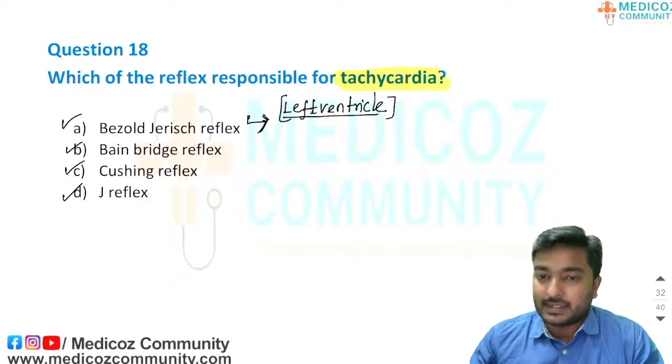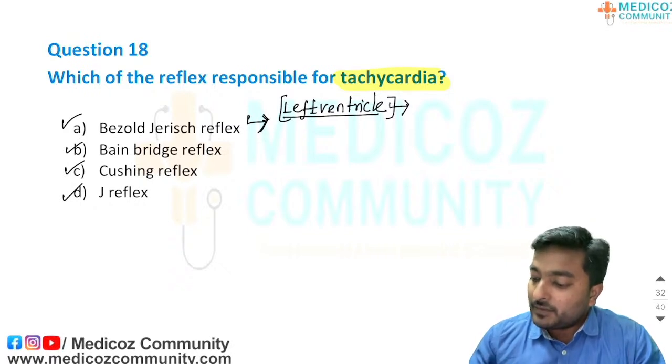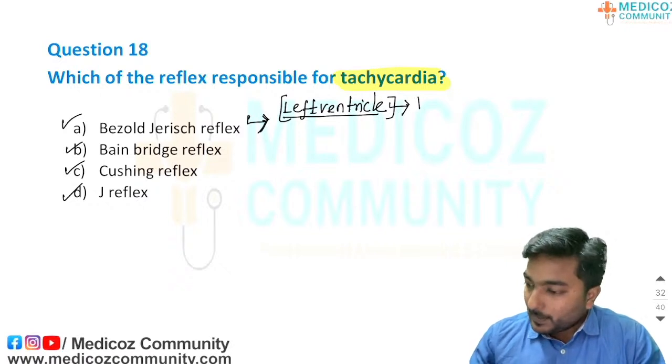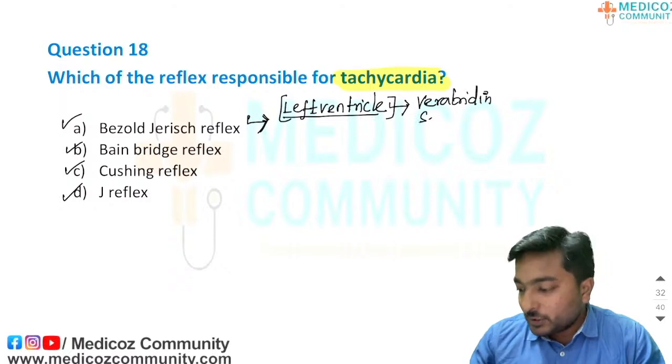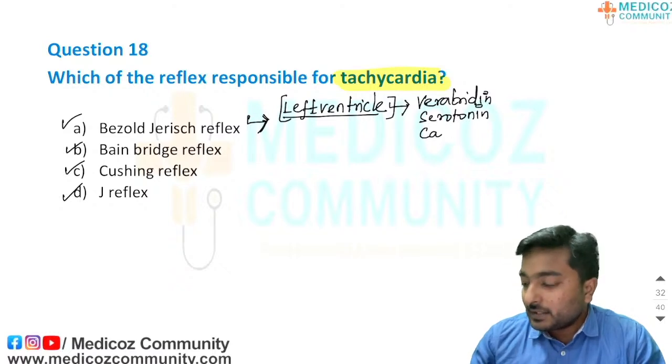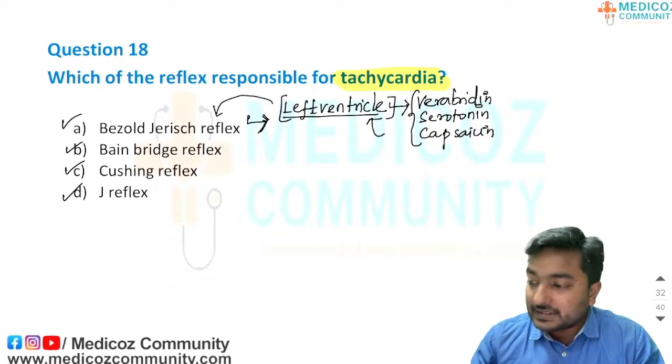of the chemicals, right? The chemicals which can activate this left ventricular receptor responsible for the Bezold-Jarisch reflex are veratridine, serotonin, and another chemical, capsaicin. These chemicals can act on this receptor found in the left ventricle and can stimulate this reflex.